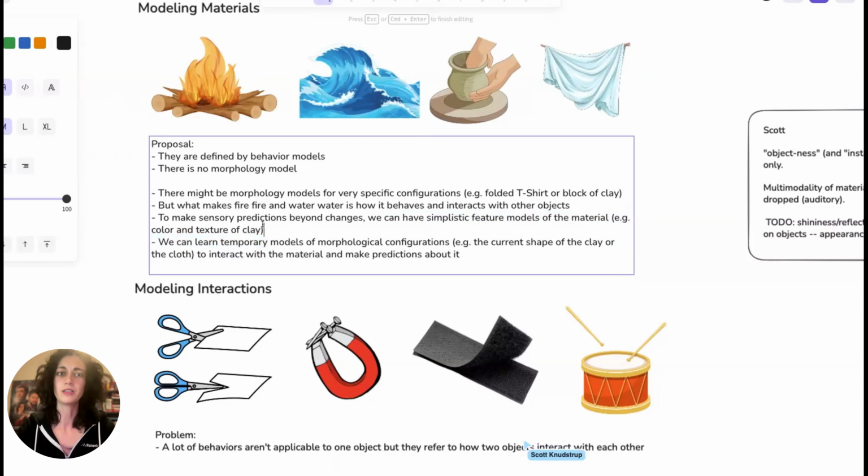But there's no shape to it. There's no specific shape of the water. I don't have a three-dimensional shape model of water. I have a model of how water behaves when I interact with it, and I have a model of the low-level features of water, like the color and transparency and potentially temperature.